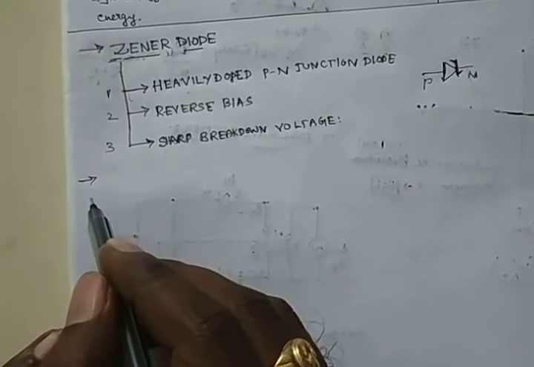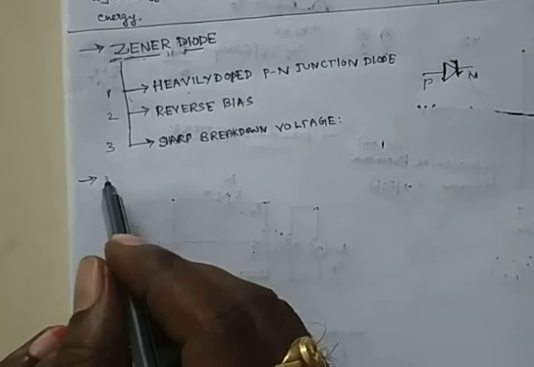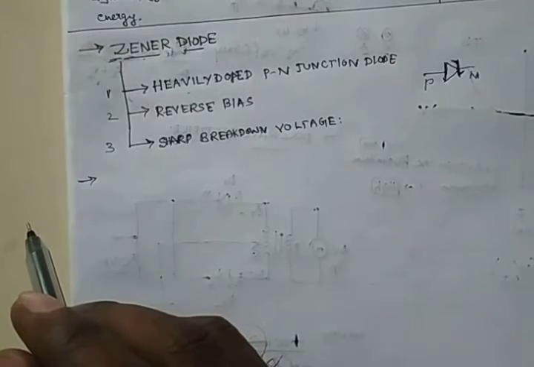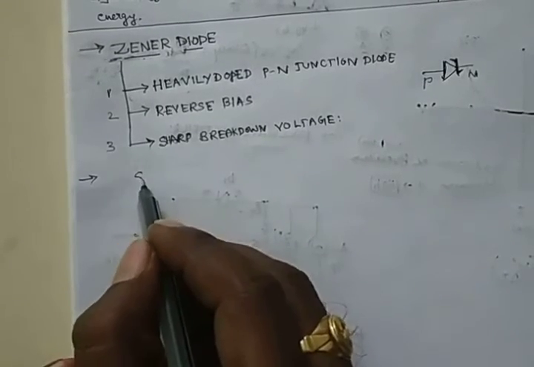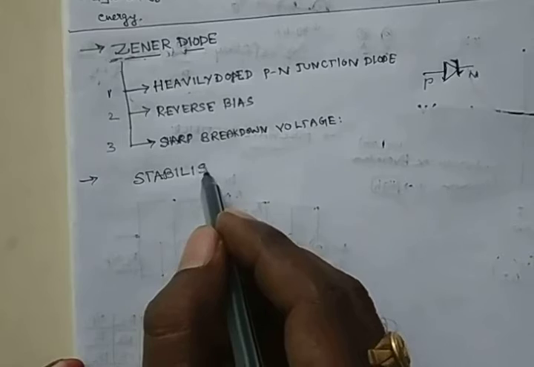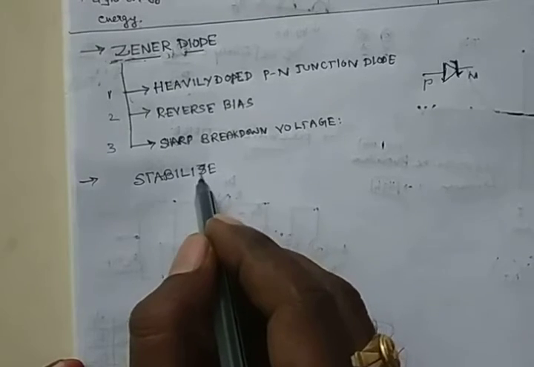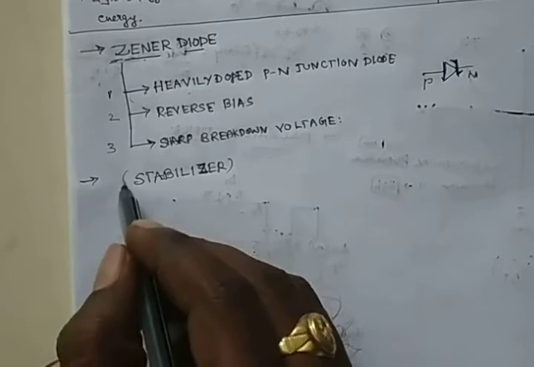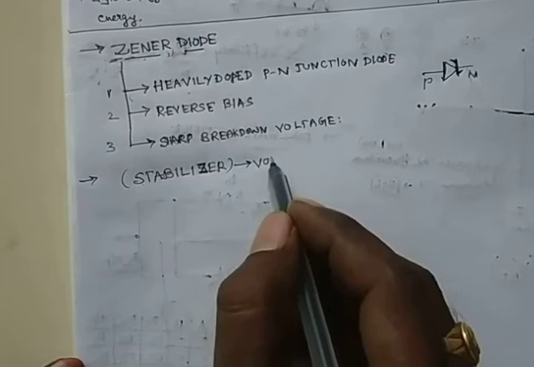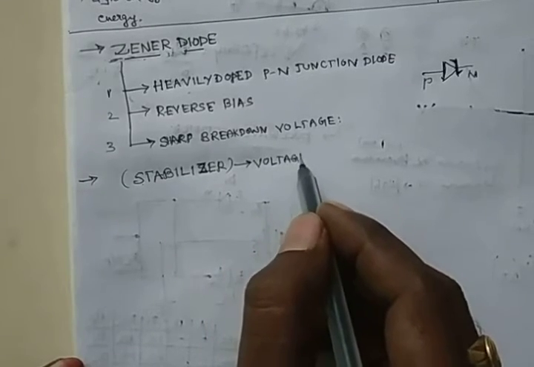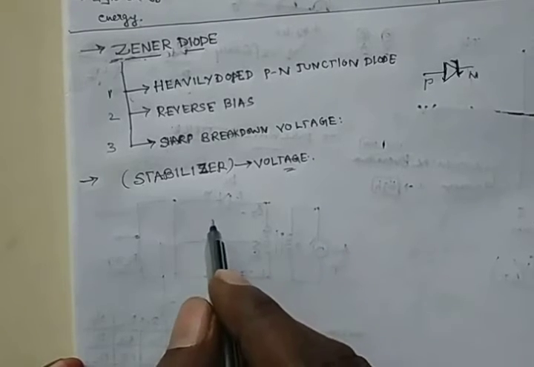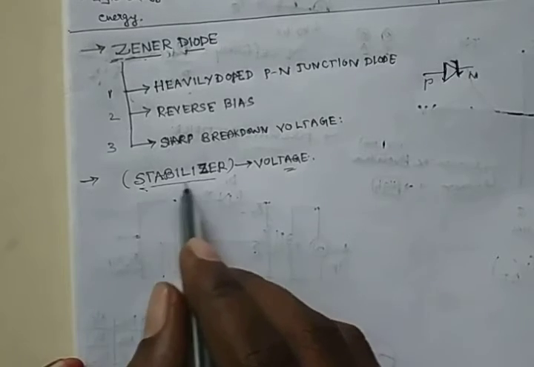Now, the application where it is used. All of our ACs and TVs are connected to stabilizers. Those stabilizers are nothing but voltage stabilizers, which are used to stabilize the voltage.